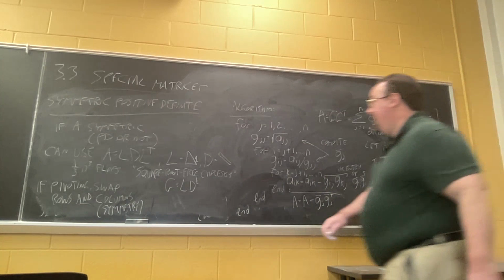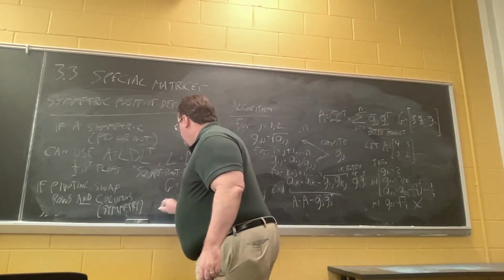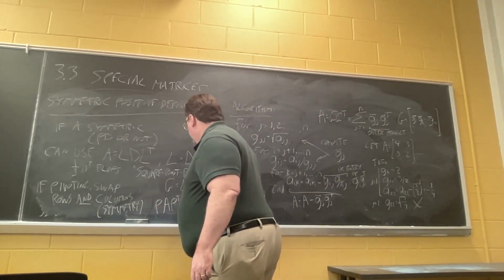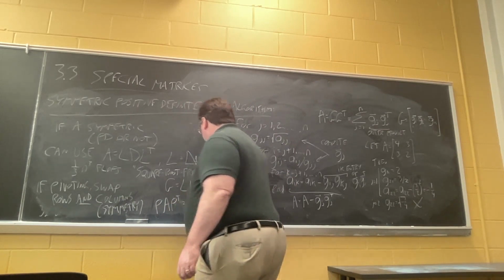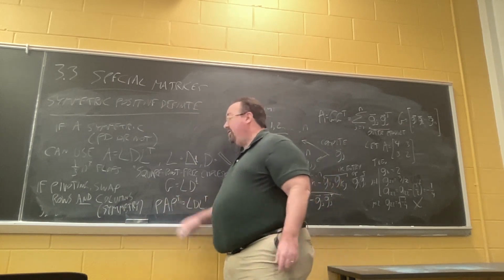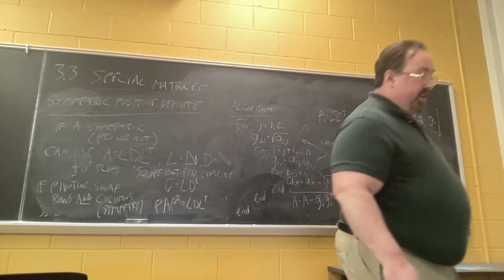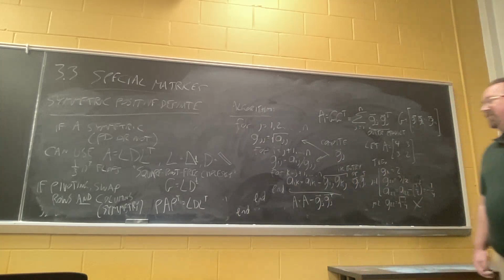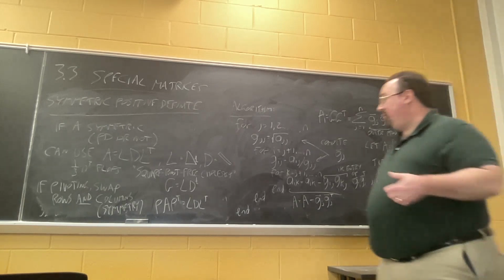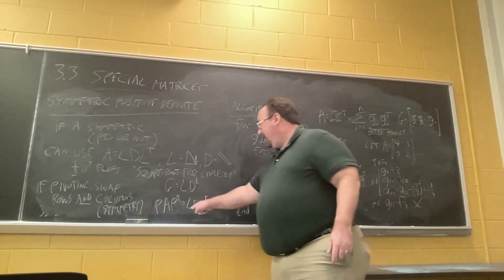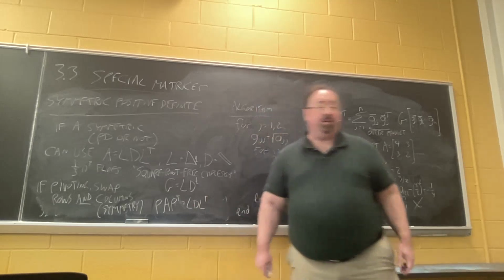So then what you have is PAP transpose is equal to LDL transpose. You have a row-and-column-swapped version of A, and the LDLT factorization would exist for that. Then you have to take P and P transpose into account in whatever triangular systems you're going to solve using L, D and L transpose.